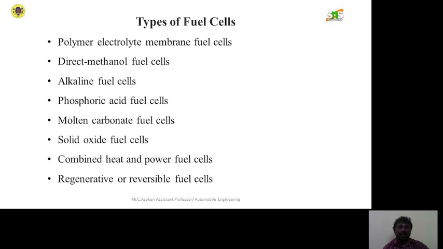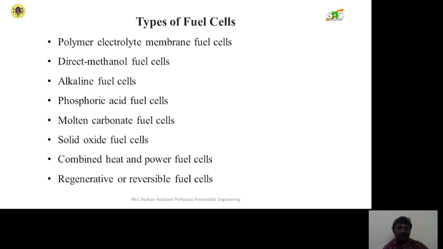We have some types of fuel cells. First one is polymer electrolyte membrane fuel cells, and direct methanol fuel cells, and alkaline fuel cells, and phosphoric acid fuel cells, and then molten carbonate fuel cells, and then solid oxide fuel cells, and combined heat and power fuel cells, and then the final one is regenerative or reversible fuel cells.